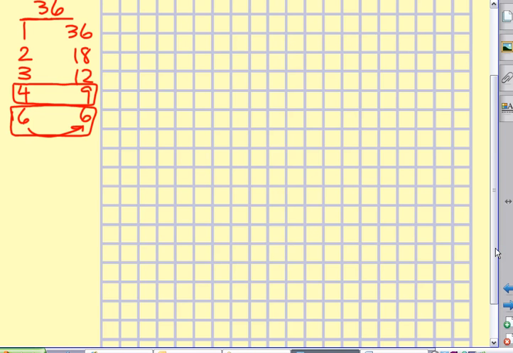Now, I'm going to draw the base. That's 1, 2, 3, 4, 5, 6. Right? And I'm going to let the height be here. 1, 2, 3, 4, 5, 6.